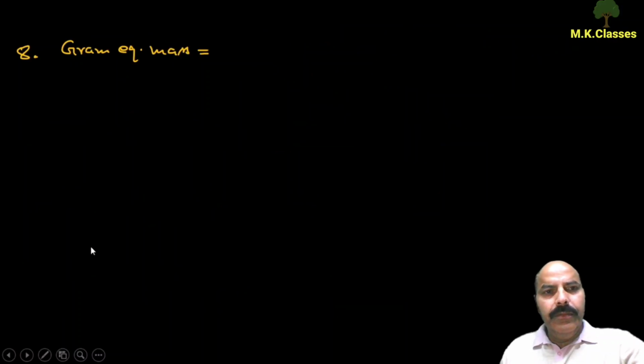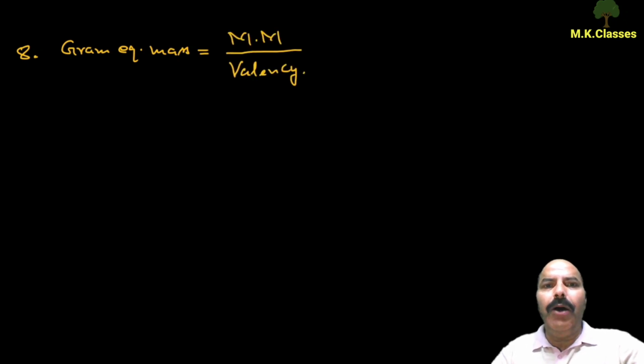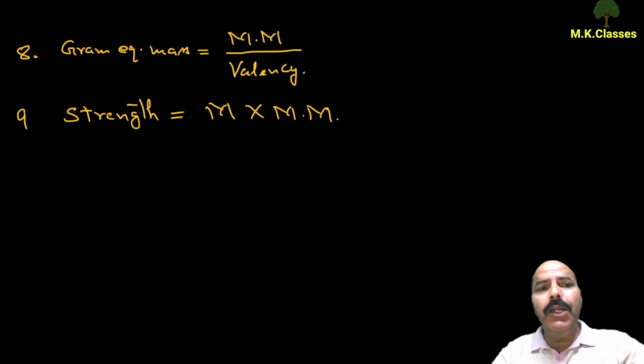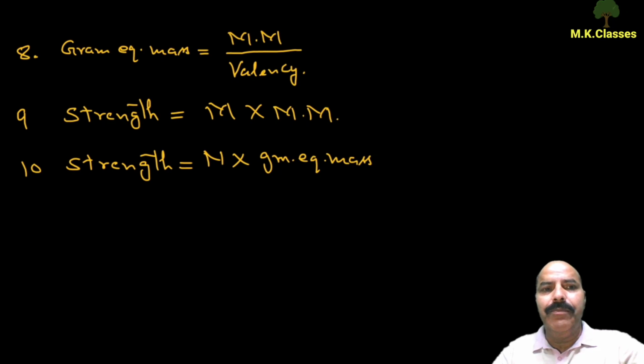Then gram equivalent mass. We can calculate it by dividing the molecular mass by valency, or acidity or basicity. Then comes strength. Strength in terms of molarity is molarity into molecular mass, and strength in terms of normality is equal to normality into gram equivalent mass.